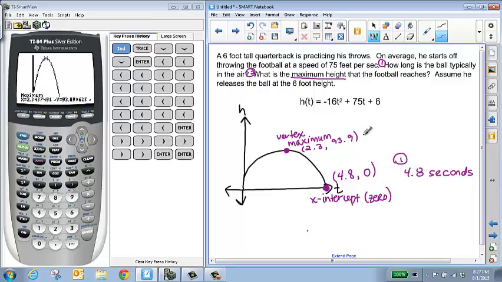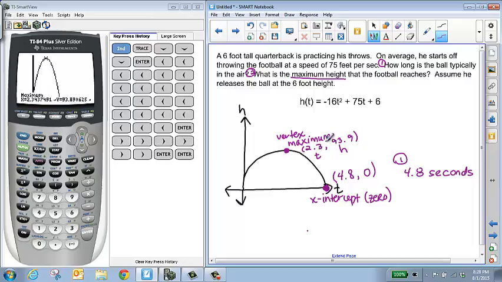Now, the question does not ask for the vertex. It asks for what is the maximum height that the football reaches. Since this is our x value, our x coordinate, this actually is representing time in seconds. Since this is the y value, or the y coordinate, this is representing h, or height, and that's in feet.